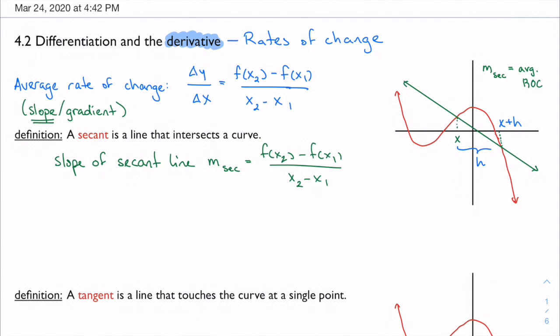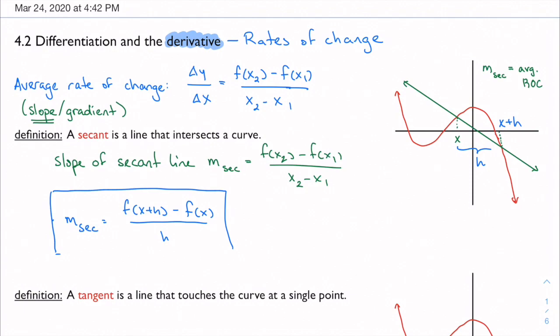Well, the slope of our secant line now would be f of x plus h minus f of x over, well, it would be x plus h minus x, which is just h. This is the way that we're going to start to formally define the secant line, because it's going to connect with the way we're going to define tangent lines.